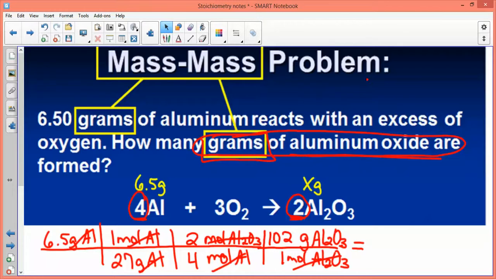My answer is 12.27, and that is grams of aluminum oxide. And that is a mass-to-mass problem. We'll do one more of those.